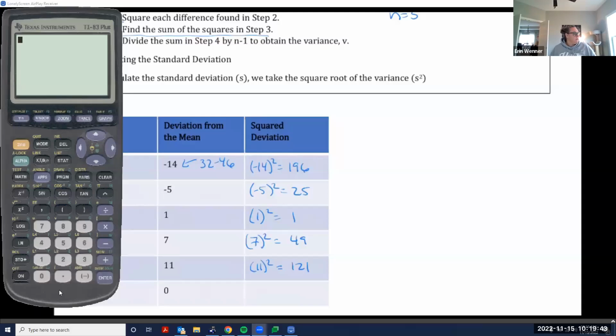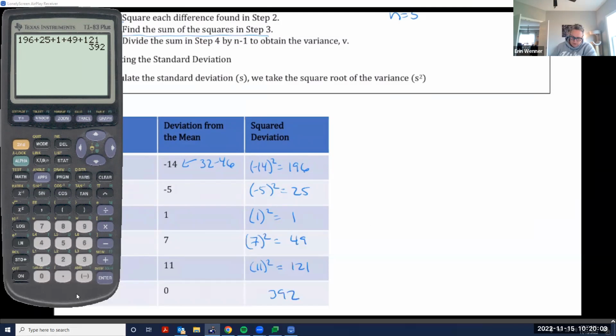Okay, so you can see I've got a calculator here. We're going to add these up. 196 plus 25 plus 1 plus 49 plus 121. And that gives me a total of 392.